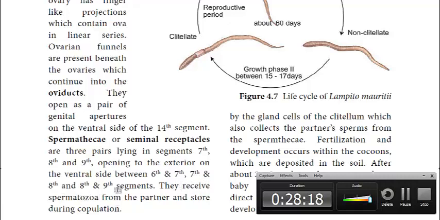Already we have studied about this spermathecae while discussing the ventral view, isn't it? They receive the spermatozoa from the partner and store them during copulation. So mating னா copulation சொல்லுவோம். mating பண்ணும்போது இந்த pore மூலியமா தான் இன்னொருடைய எர்த்வார்முடைய sperm receive பண்ணி இதுல வெச்சுக்கும்.